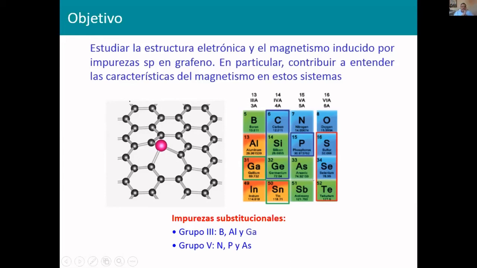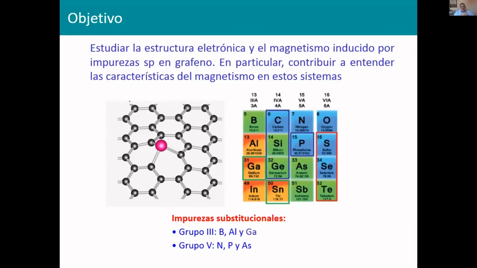The idea here is to see if the electron imbalance is the main reason for this magnetism, and if these properties are symmetric with respect to hole or electron doping.